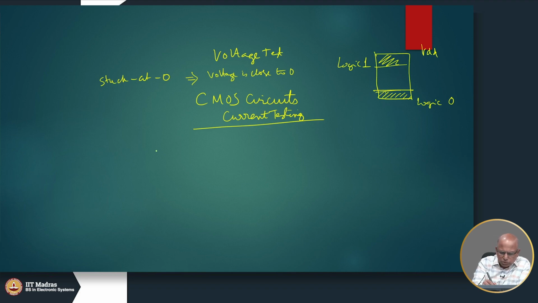Let us look at what a CMOS circuit looks like. So, let us draw a CMOS NAND gate or something like that. So, this is your CMOS NAND gate.